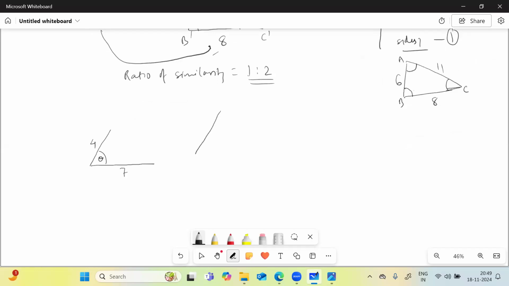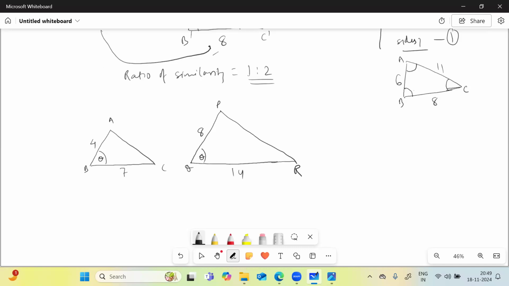I'm taking another angle which is the same as theta. This side is 8 and this particular side is 14. And if I connect these two points of the angle, this is triangle ABC, and this is triangle PQR.